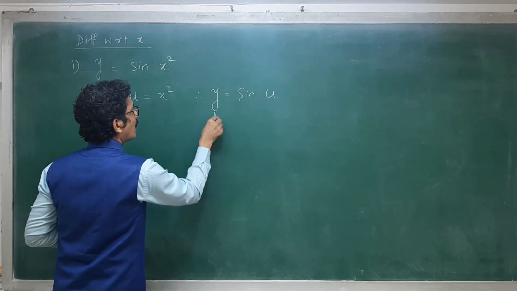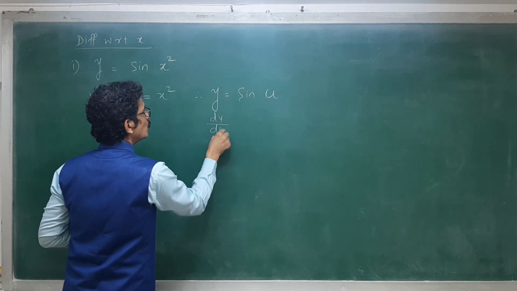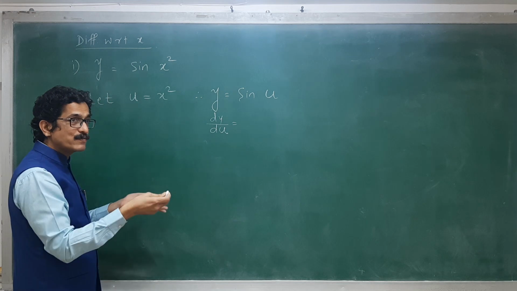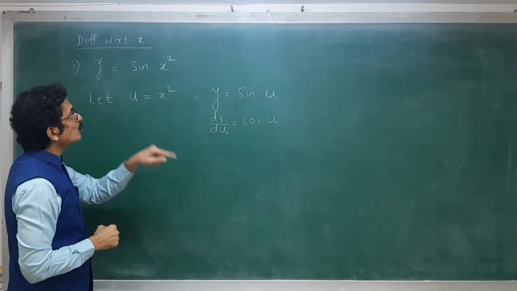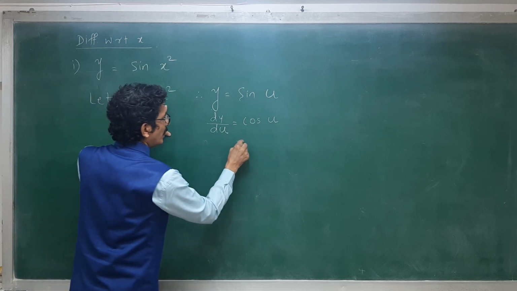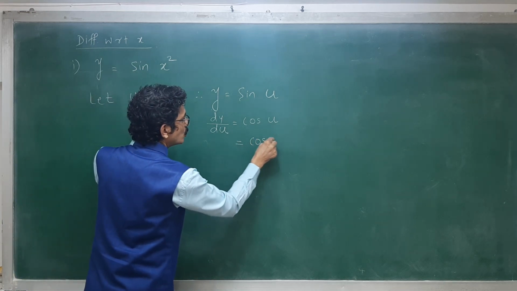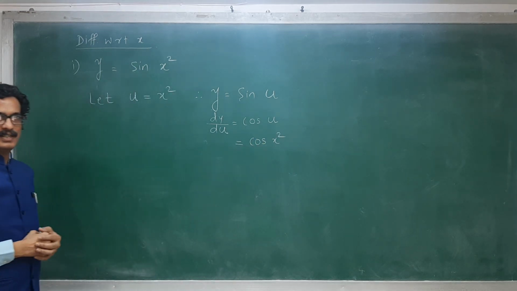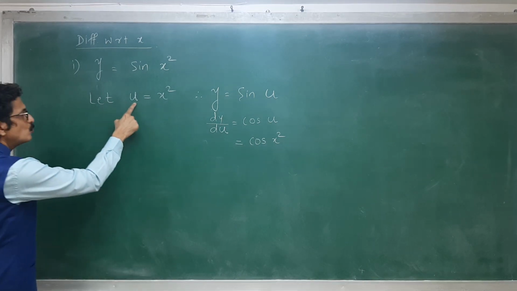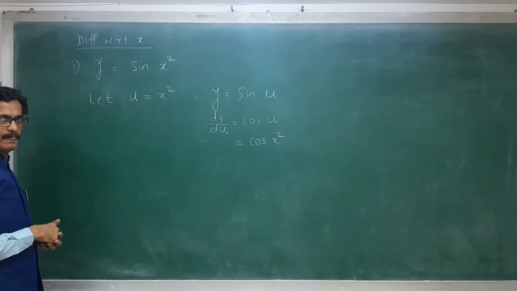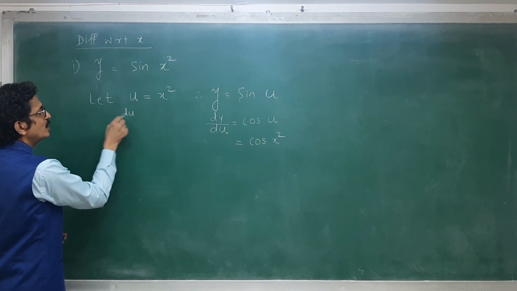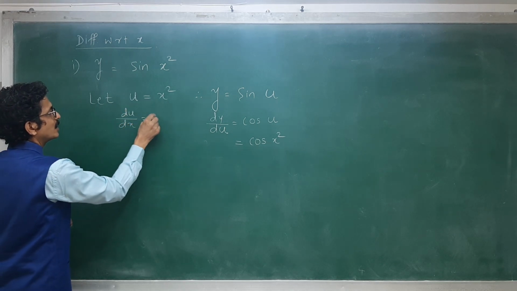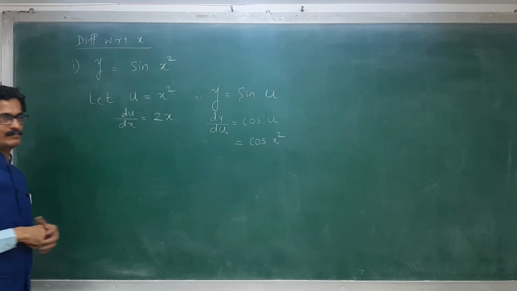Now dy by du, the derivative of sine, is cos of u. But what was u? u was x square, and therefore it becomes cos of x square. Now u is a function of x, so you can differentiate u with respect to x: du by dx is equal to 2x.